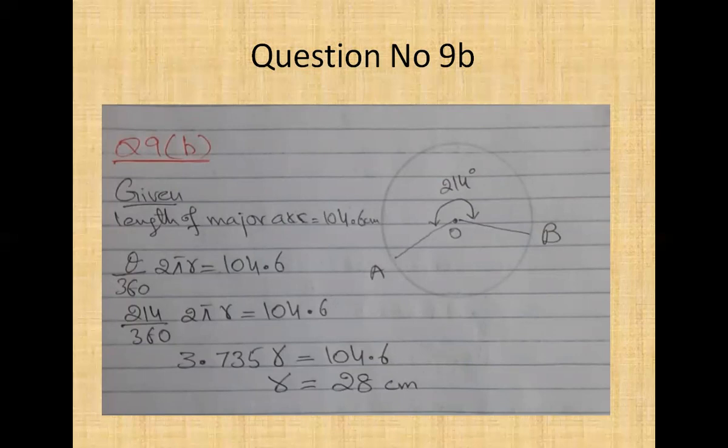So it will be 214 divided by 360 multiplied by 2 multiplied by pi, and that will give you 3.735 r equals 104.6. So that 3.735 will go on the other side and it will divide. In your calculator, you will write 104.6 divided by 3.735, and that will be 28. So the radius is 28 centimeters. So this is how you do question number 9 and its B part.